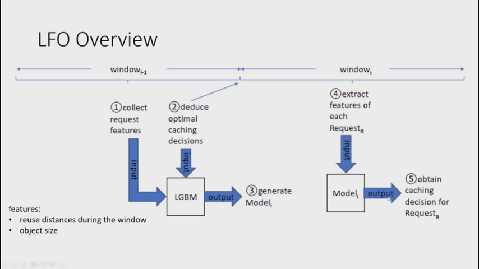Please note that unlike conventional caching algorithms, when an object that is currently cached is being accessed, if the model decides that the probability that the object is going to be accessed again is below 0.5, LFO may actually evict that object.